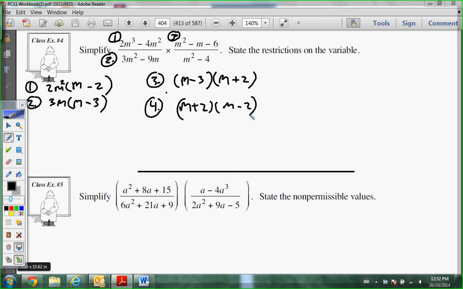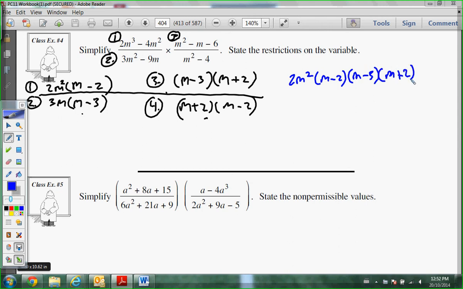Now essentially, the way I've already kind of written it, this stuff's on top, this stuff's on bottom. I'll write it a little bit cleaner for you. On top it'd be 2m squared, m minus 2, m minus 3, m plus 2. On the bottom, 3m, m minus 3, m plus 2, m minus 2.